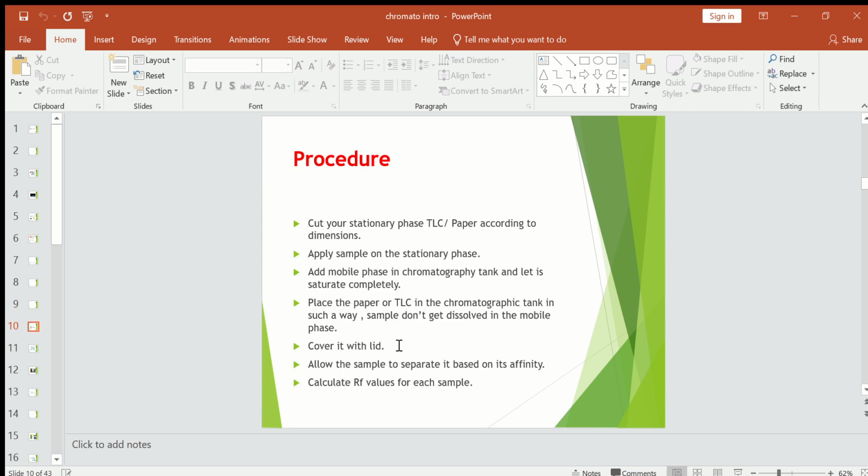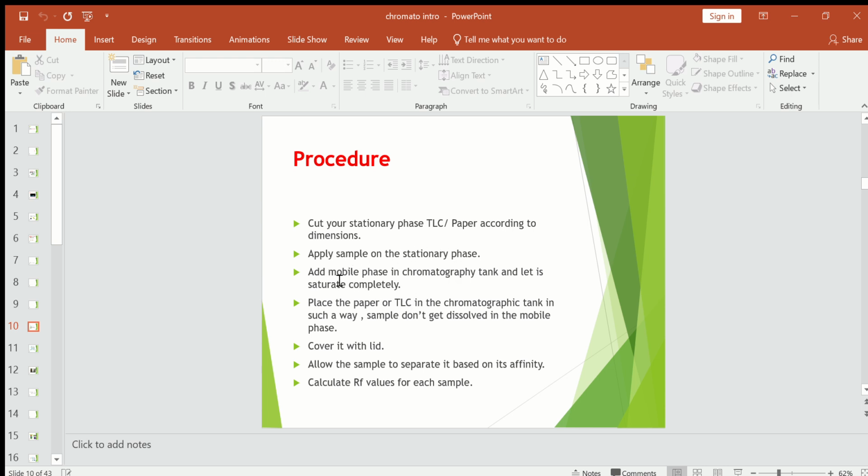So firstly, to perform the chromatography, you need to cut your stationary phase, that could be TLC or paper chromatography, into particular dimensions, 20 by 20, 10 by 5, 20 by 5, whatever dimension is the requirement of the practical. Then after marking the baseline, you will apply the sample on the stationary phase with the help of the capillary tube.